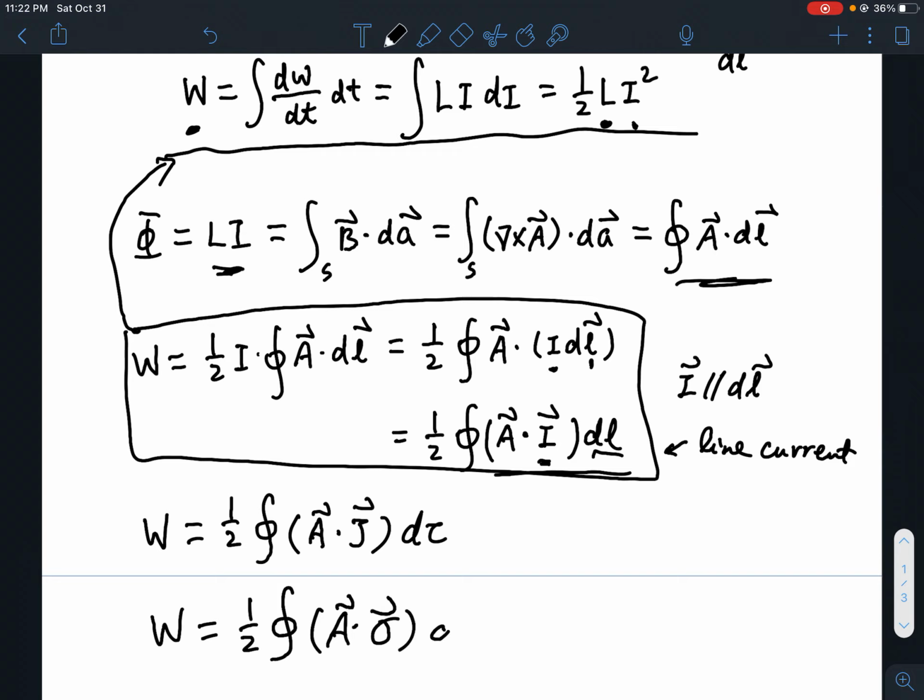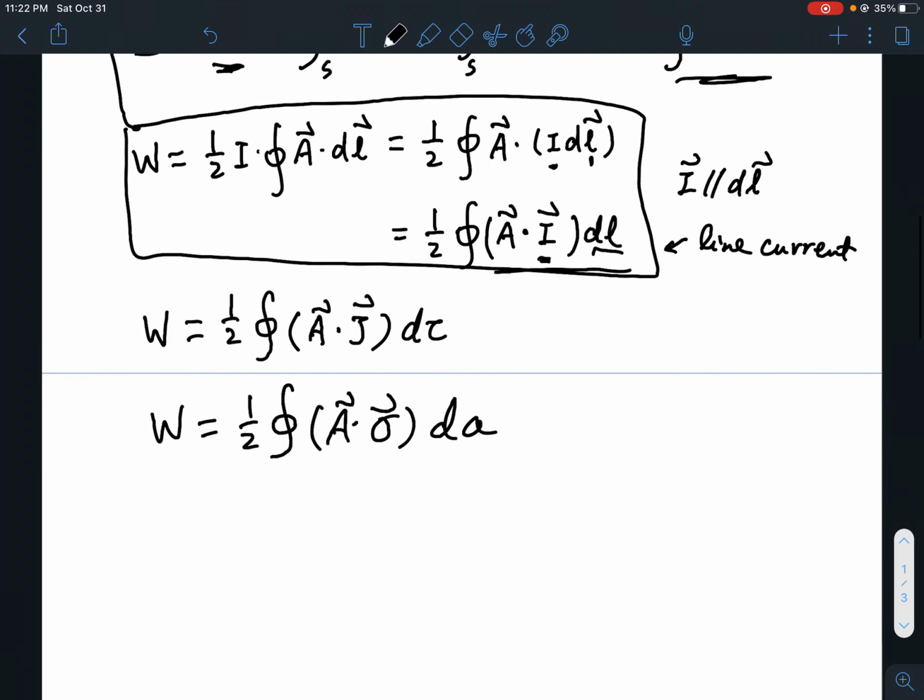This is surface current times the area, let us call it dA. So this is just to make it easier to extend this formula for surface and also for volume currents. We can also do even better.